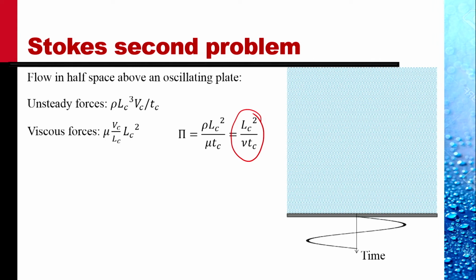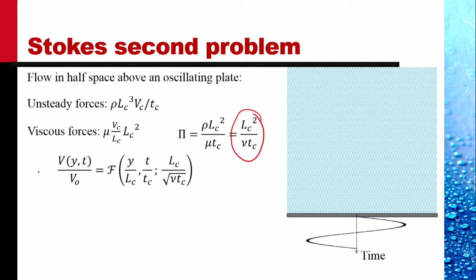This parameter is of order 1. The characteristic time can be taken as 1 over the circular frequency omega of the velocity fluctuation of the lower plate. So, from this we can obtain the value of the characteristic length.